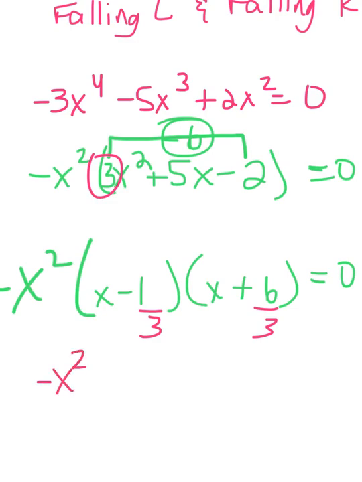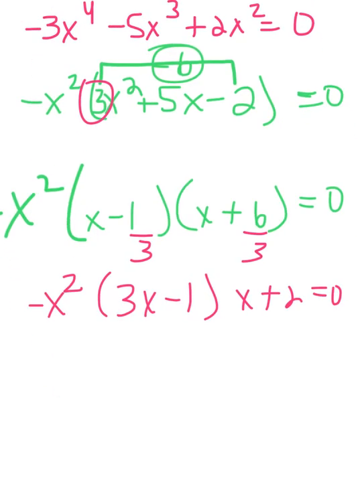So I have negative x squared, (3x minus 1), and (x plus 2). Agreed? So you set each piece equal to 0 now. So x equals 0, x equals positive 1/3, and x equals negative 2. We good? Okay.